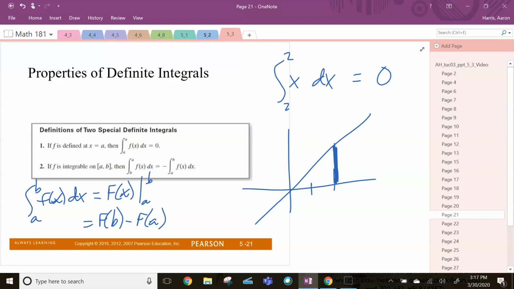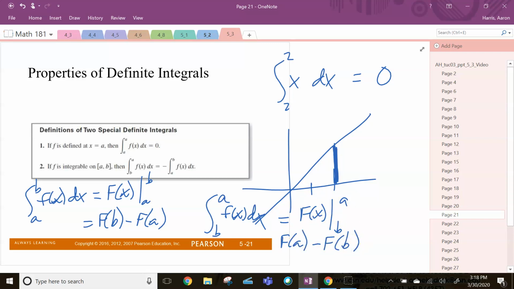From b to a, f of x dx, how is this equivalent? Well, if you do the antiderivative, you get f of a minus f of b, right?